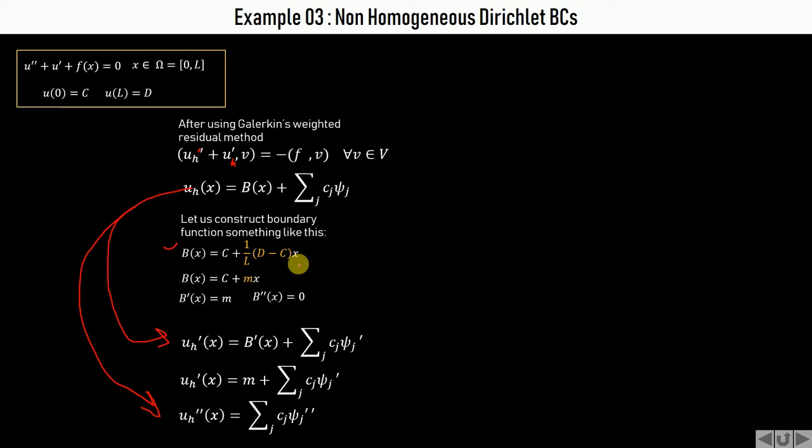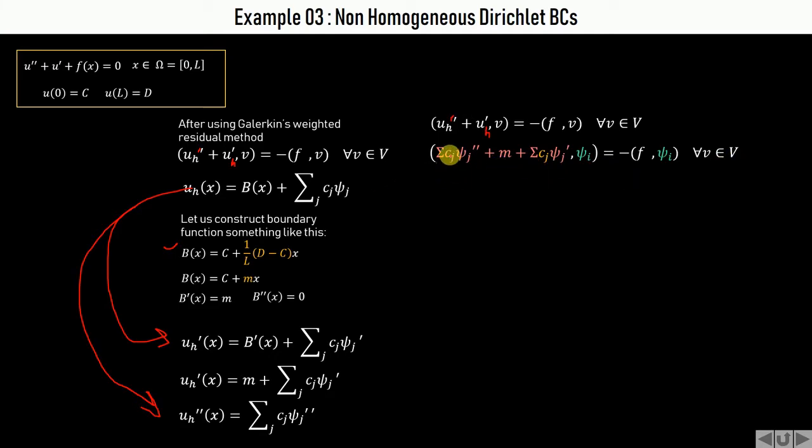Just put the values of UH dash and UH double dash here. This is a correction. When you put this, UH double dash is here, UH dash is here. This part is UH dash, this is UH double dash, and now the basis functions are psi i. This is where this part lies, okay, this lies in V.